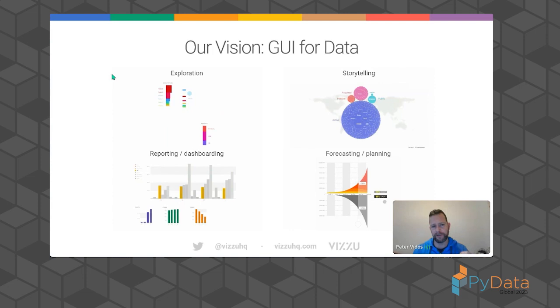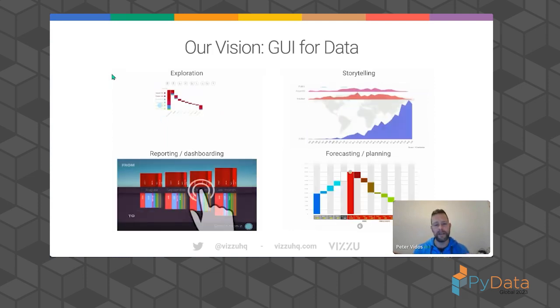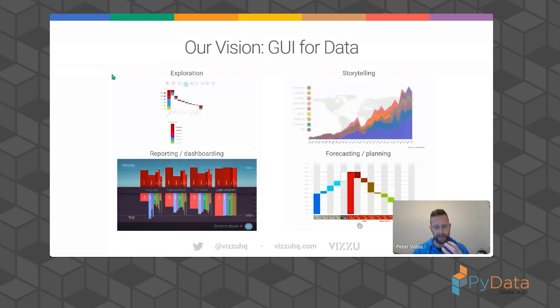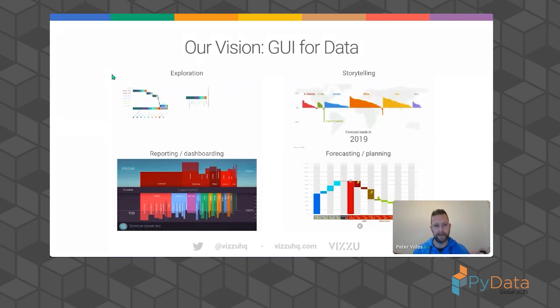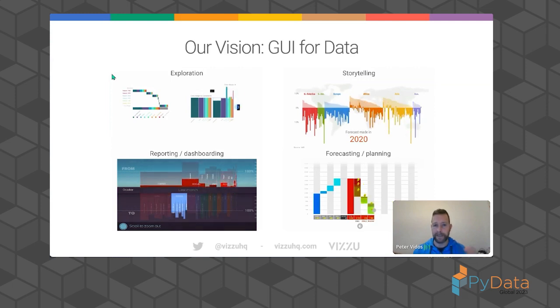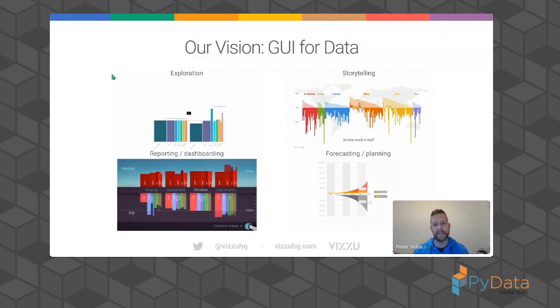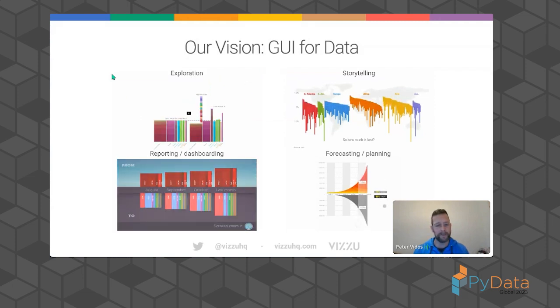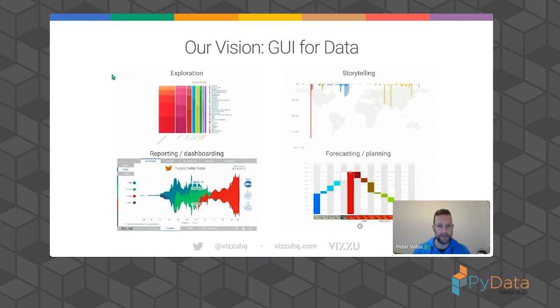And we think that such a flexible data visualization or data morphing engine would be the cornerstone, the central element of such a graphical user interface that would enable end users, not experts like yourself, but mostly basic business users, to analyze data, to build animated stories, to reuse the insights that they found on reports and dashboards, or to even use them for forecasting and planning. And that's what we're working towards.